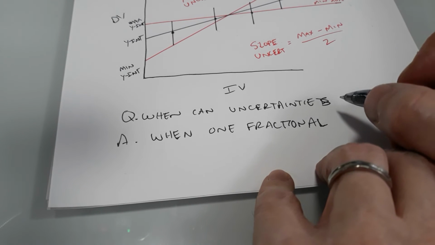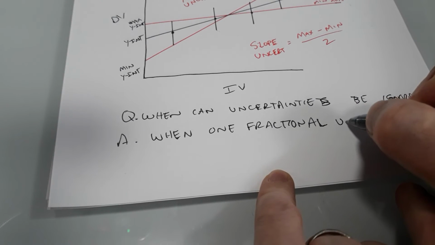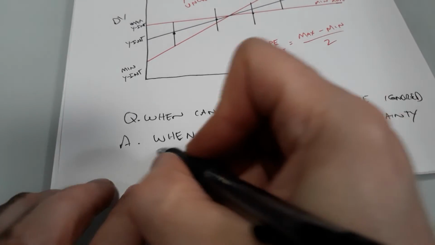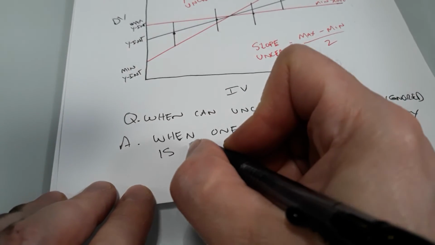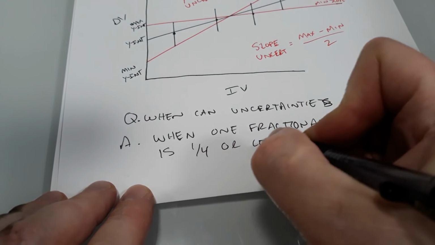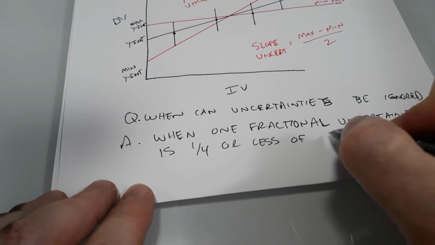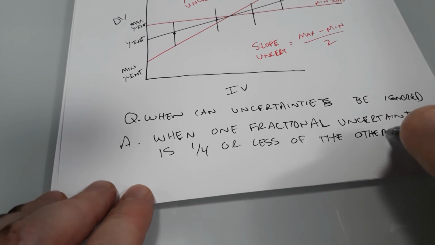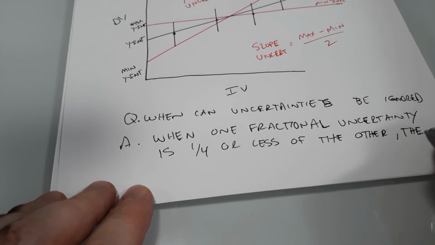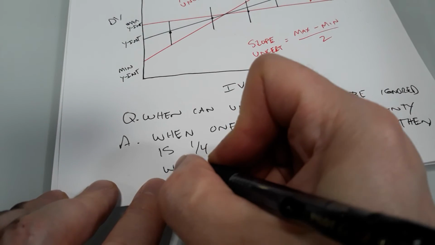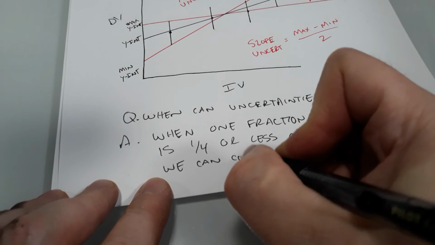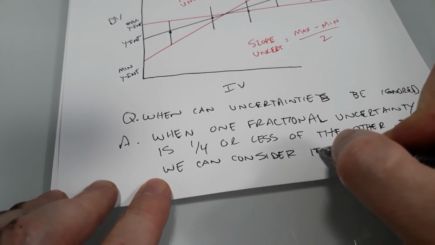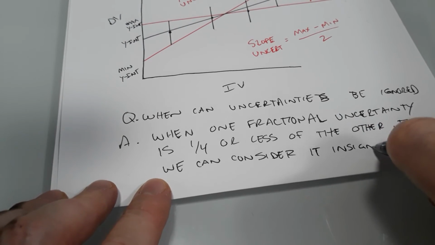So in this case, when one fractional uncertainty is 1/4 or less of the other, then we can consider it insignificant.